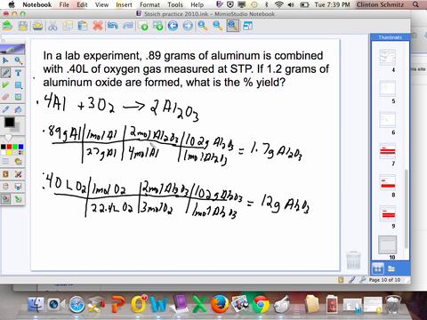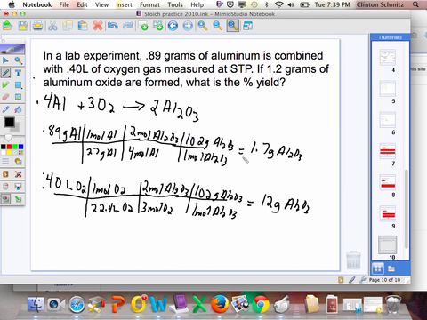Now this is a limiting reagent problem. So we did 2 problems, one with each reactant, solving for the same product. And what you'll find is that the smaller number is, in theory, how much you should get.